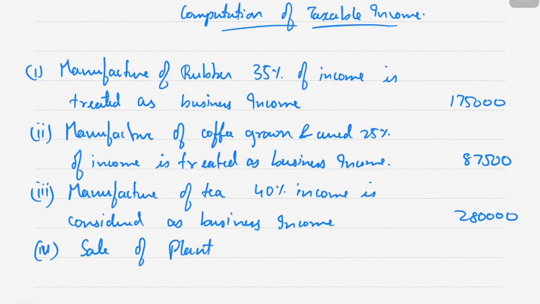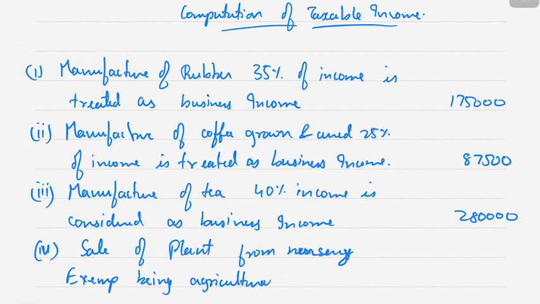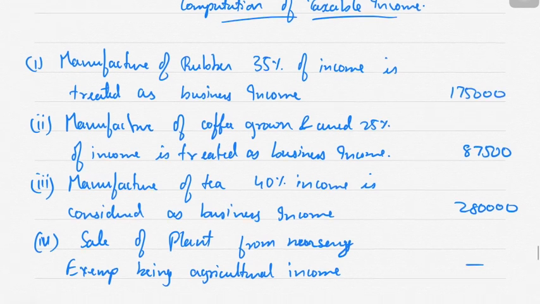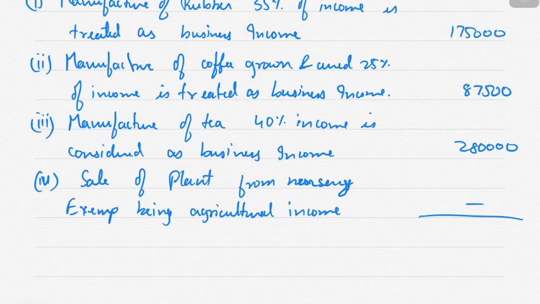Sale of plant from nursery, just 0. So the total comes to 5,42,500. Here you can include one more sentence.